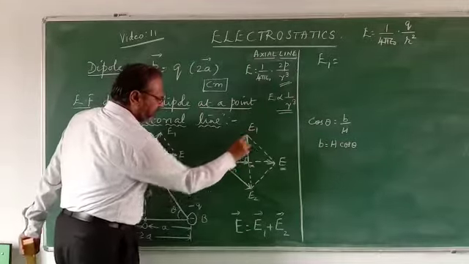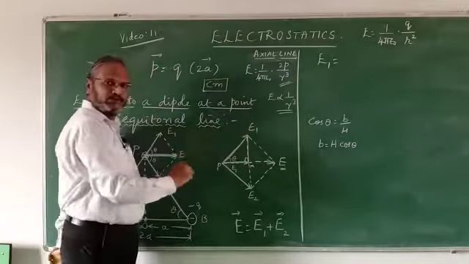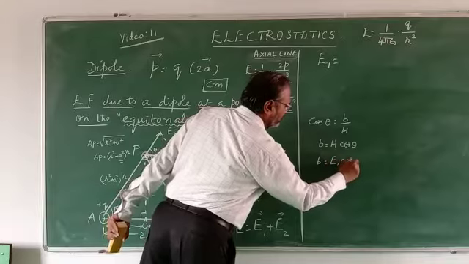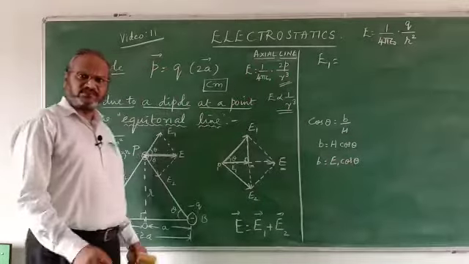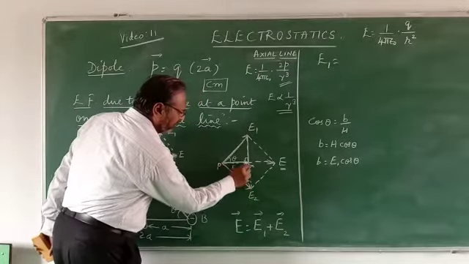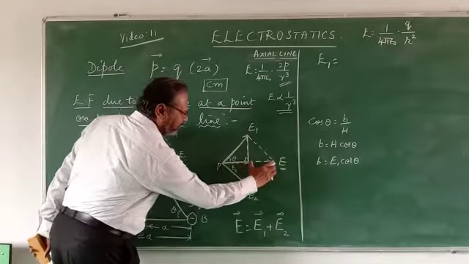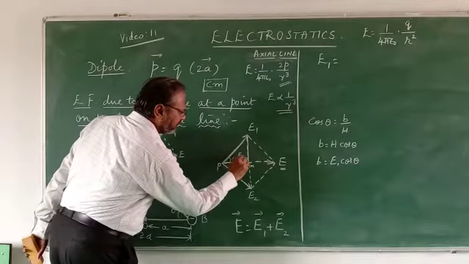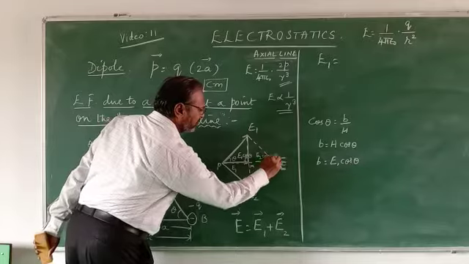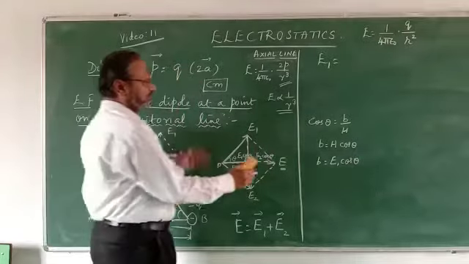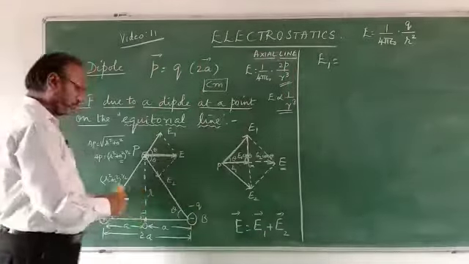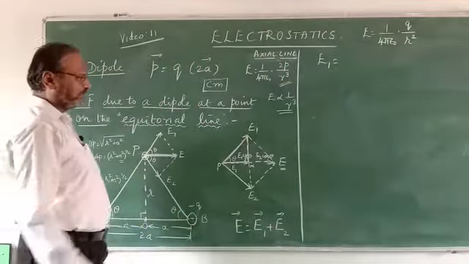And what is this value? That is E1. So we can say this base is equal to E1 cos theta. In the same way, we move on further for E2. You draw again this equation. This distance will be equal to this distance. So this is E1 cos theta and this is E2 cos theta. So with this concept of cos theta and resolving into two components, we are going to find the value.